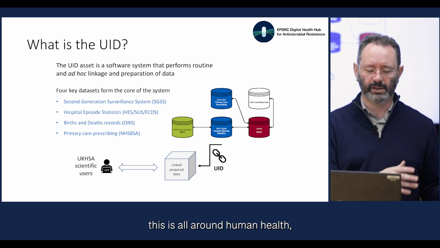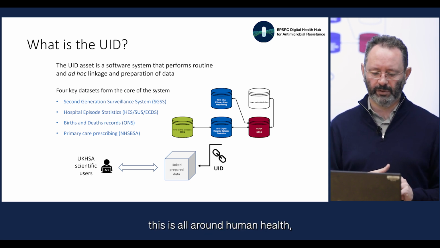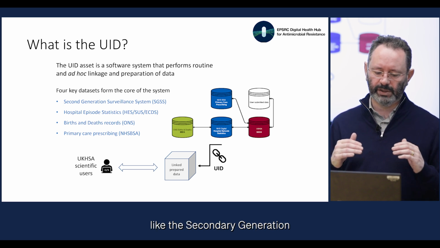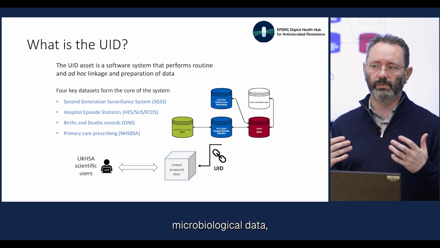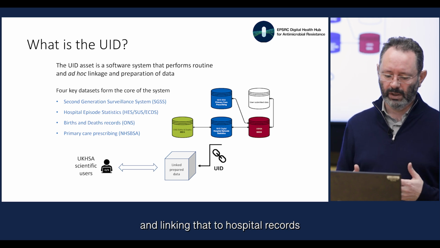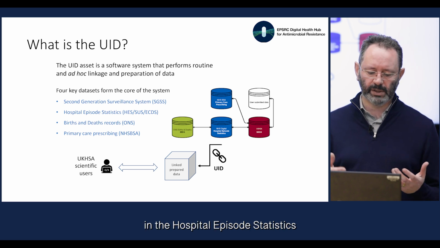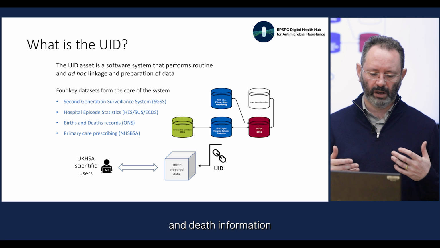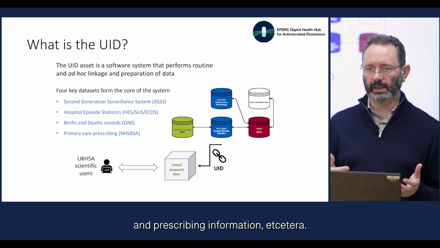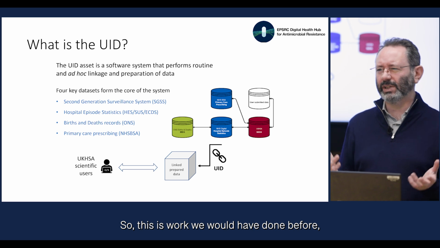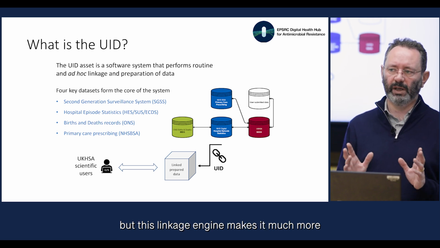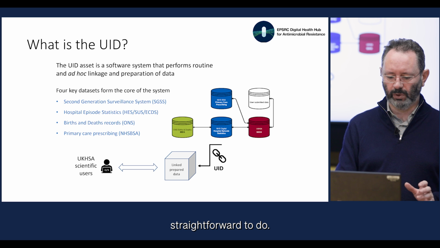In this case, this is all around human health, but it's taking things like the second generation surveillance system, which holds microbiological data, and linking that to hospital records in the hospital episode statistics, and death information and prescribing information, etc. So this is work we would have done before, but this linkage engine makes it much more straightforward to do.